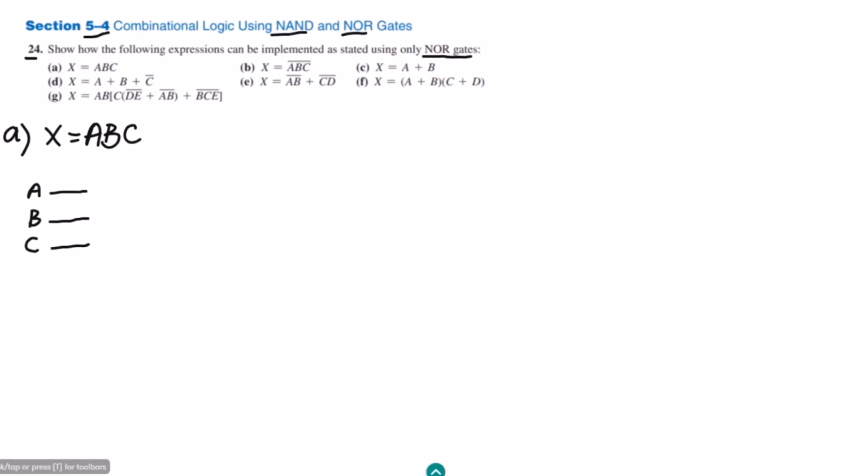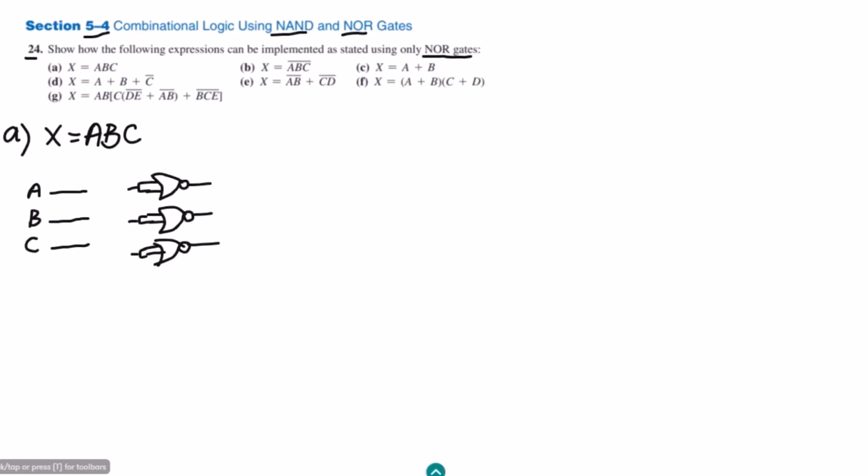The AND operation can be implemented by NOR gates. Let me draw it with these three NOR gates, because we have three inputs, and the inputs of these NOR gates are combined together.